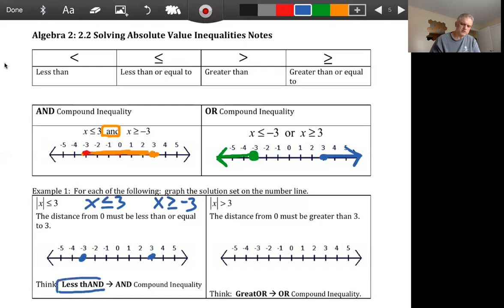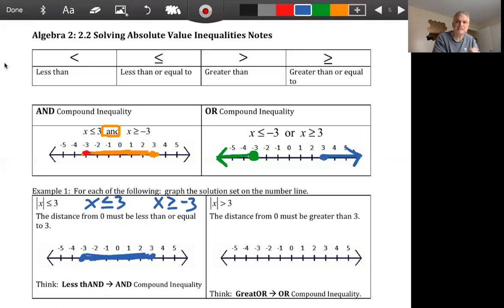This is something that I've found that students liked and they remembered well. If we're dealing with inequalities, if we have a less than, okay, so this was less than, the fact that it was less than, we like to say less than, because it's going to be an and, and your solution is going to be in between the two critical points of 3 and -3.